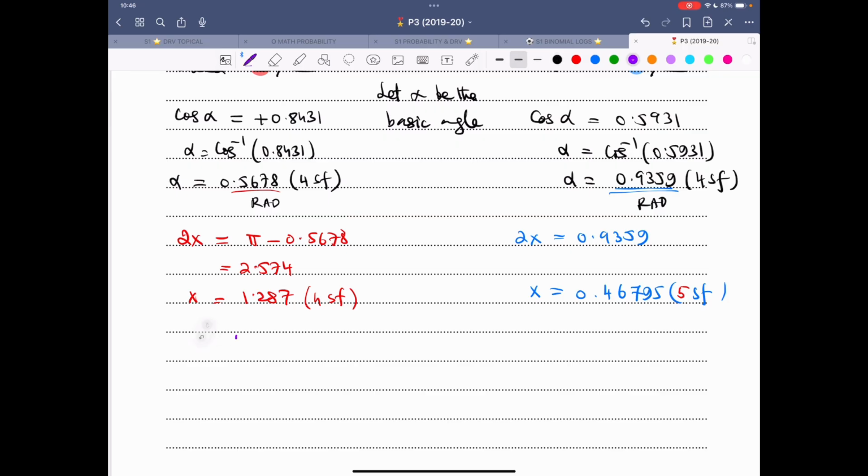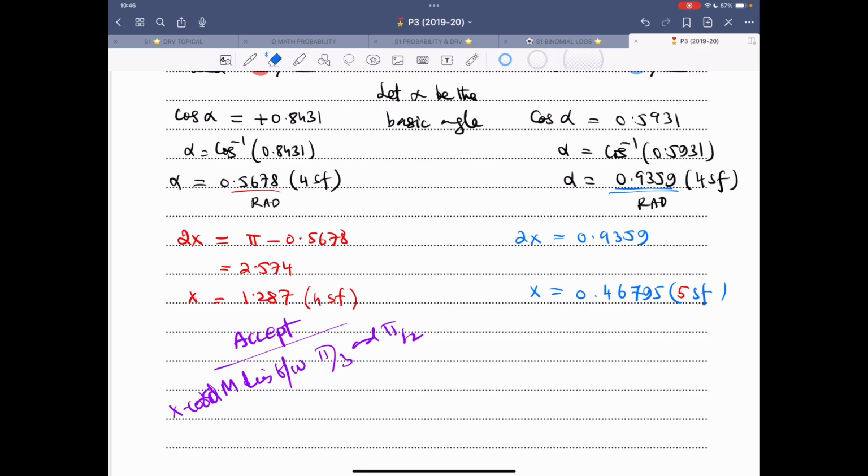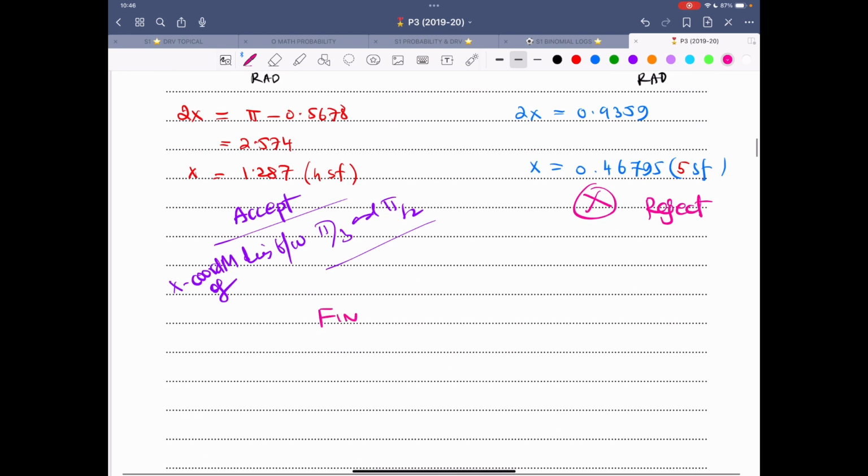Therefore, I should write: the x coordinate of M lies between pi by 3 and pi by 2, therefore accept. And over here it does not lie, therefore reject. So there is only one answer.